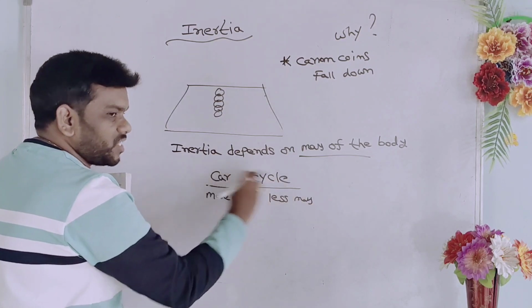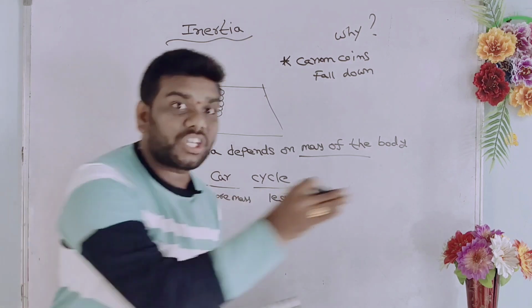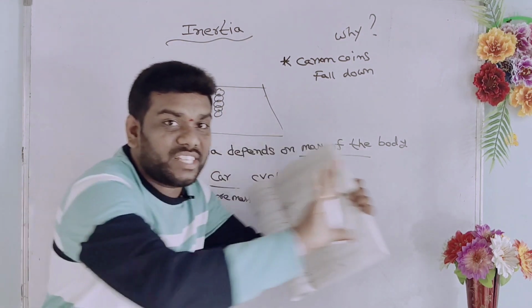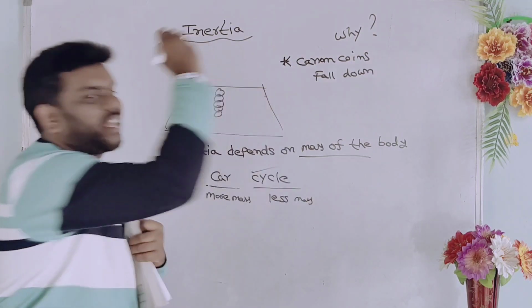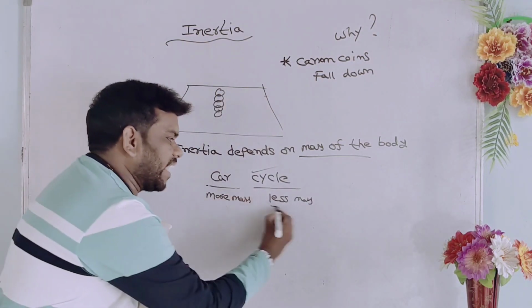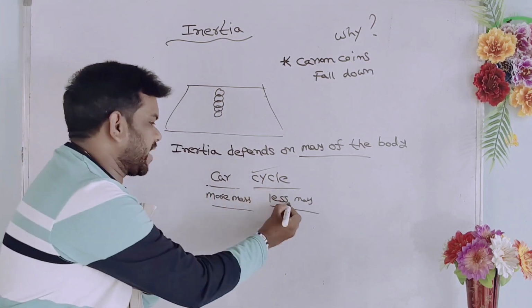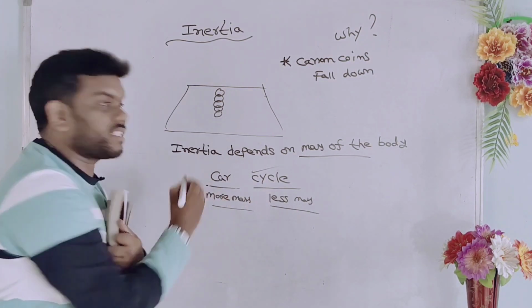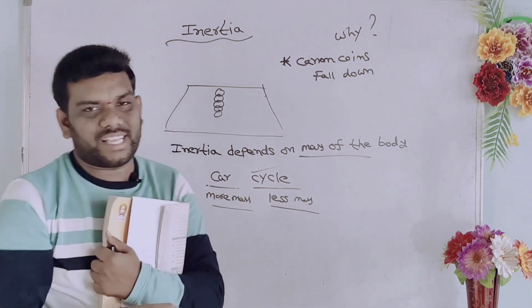So in these two, which one is pushed easily, car or cycle? Obviously the cycle, because it has less mass. Comparing to a cycle, a car has more mass, and comparing to a car, a cycle has less mass.